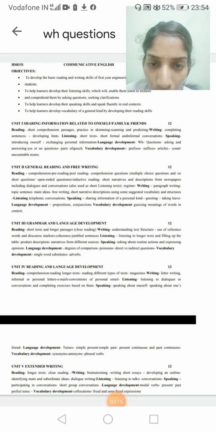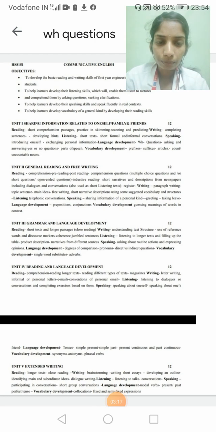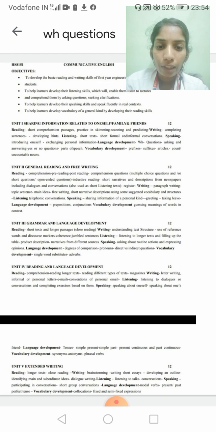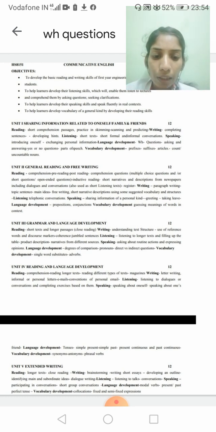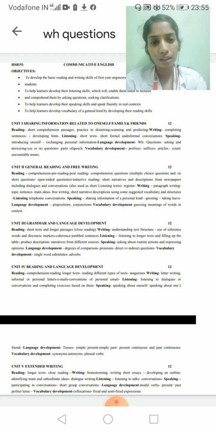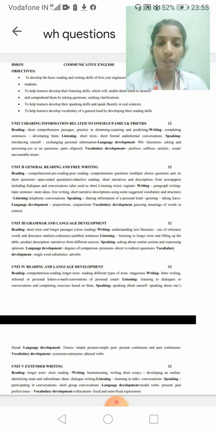In unit 2, you can see general reading and free writing. Here are comprehension and pre-writing; in these skills you can learn not only the development skills but also vocabulary skills. So what is unit 2? General reading and free writing.